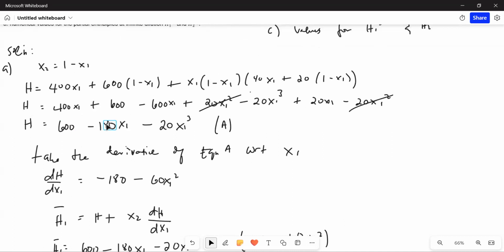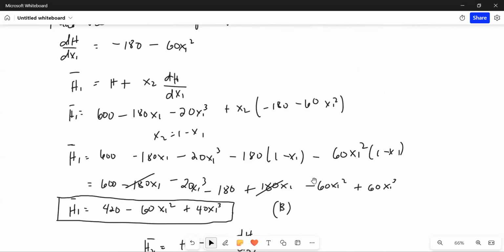If we're talking about pure species 1, what is the mole fraction of x sub 1? It should be 1, because it's purely species 1. So by simply replacing x sub 1 with 1, we can get the pure species enthalpy H sub 1.